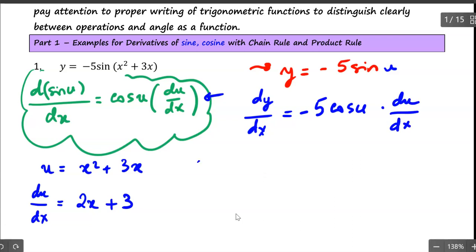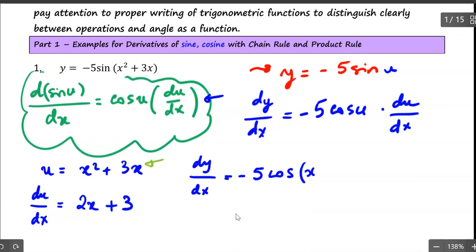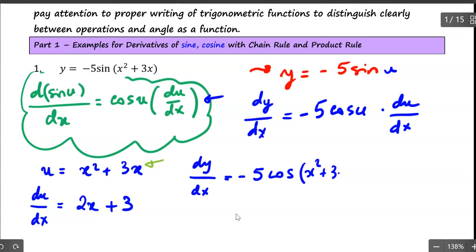So in this case, dy over dx will be equal to negative 5 times cosine of u, and you let u equal this function right here. So you will write it as x squared plus 3x, and this whole thing is going to be multiplied by du over dx, which is 2x plus 3.